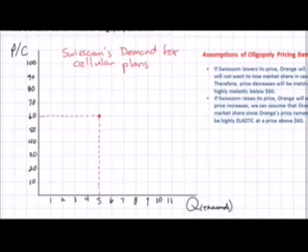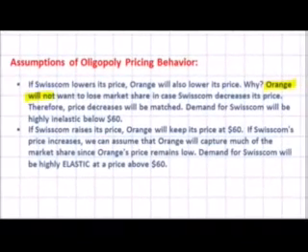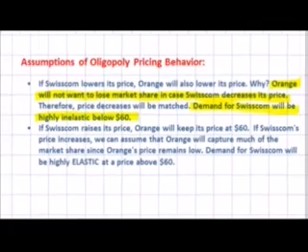We're starting out at a price of $60. Let's look at the assumptions we've made and determine how demand will change if Swisscom lowers its price and if Swisscom raises its price. So starting with the first bullet point here, Orange will not want to lose market share if Swisscom decreases its price. Therefore, price decreases will be matched. Demand for Swisscom will be highly inelastic below $60.